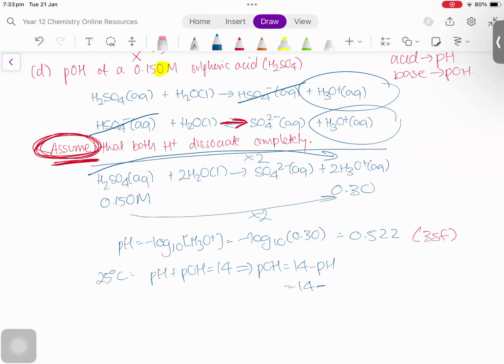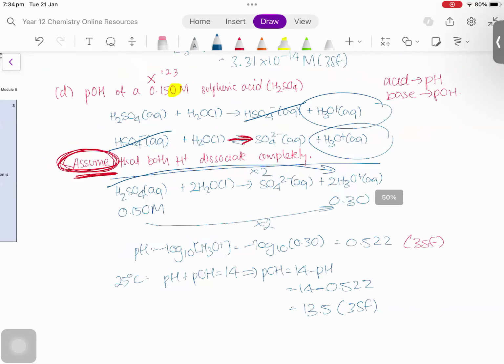And then what do you get for pOH? 14 minus 0.522. 13.5, thank you. 13.478.